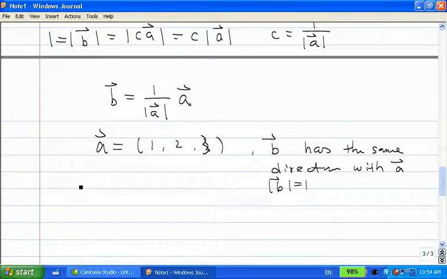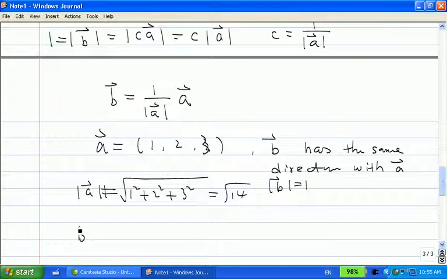First of all, you have to find the magnitude of A, which is the square root of 1 squared plus 2 squared plus 3 squared. That gives you 1 plus 4 plus 9, which is 14.